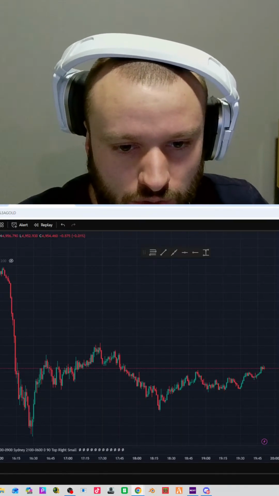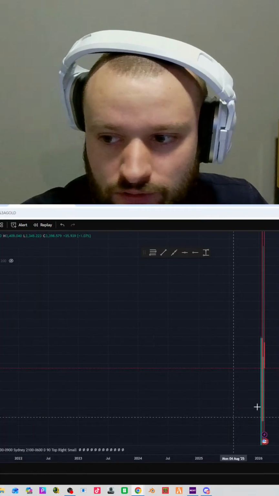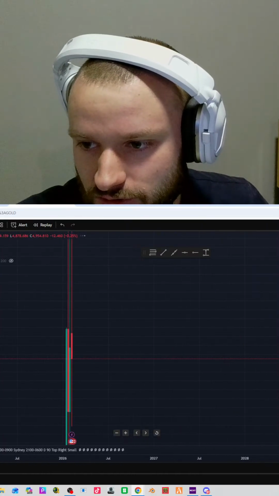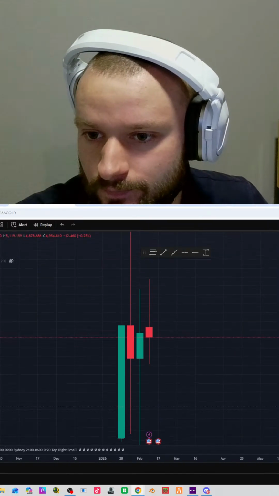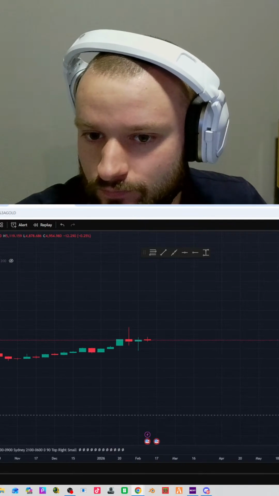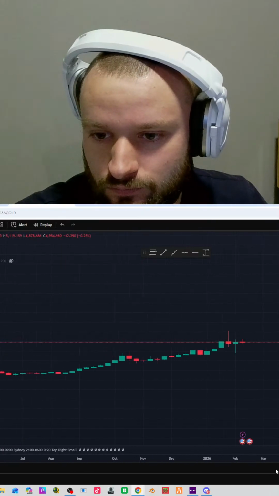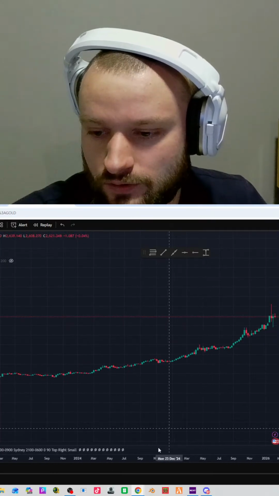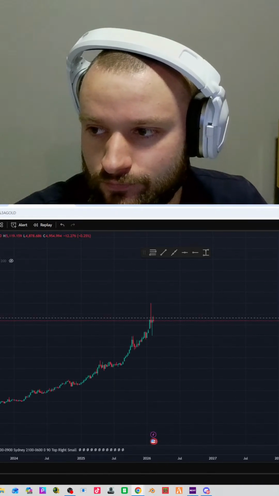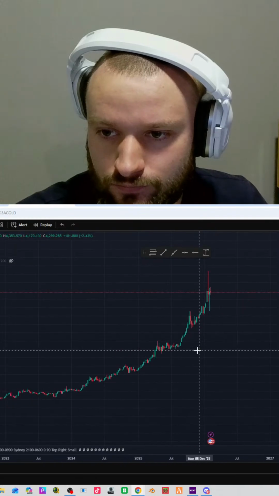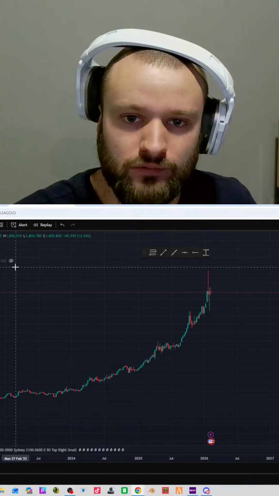Let's try to go on the week with gold. See how this looks. Do a line chart here as well.